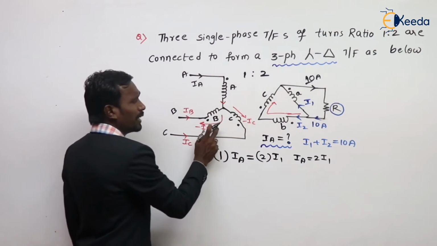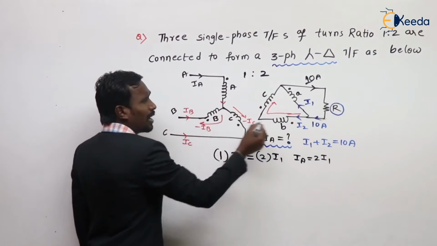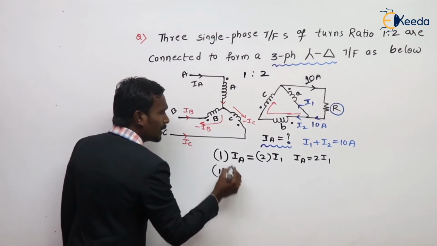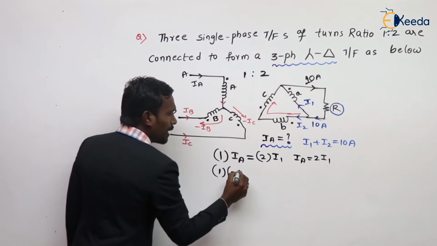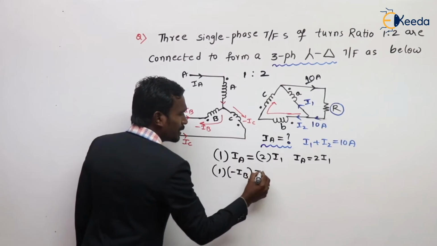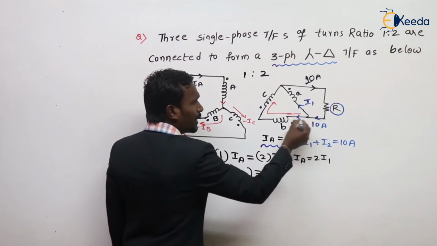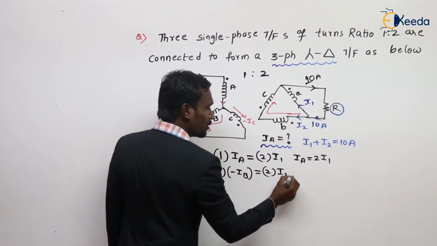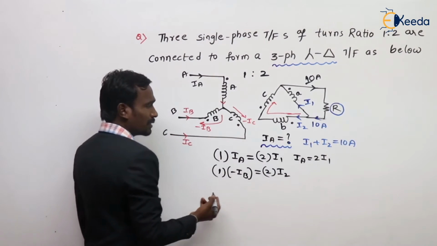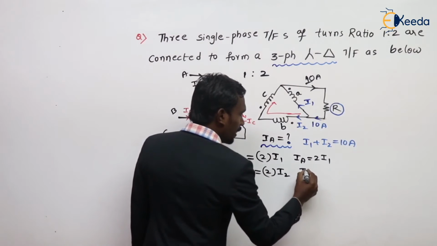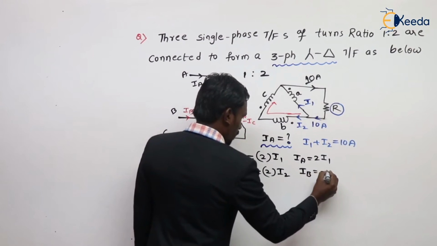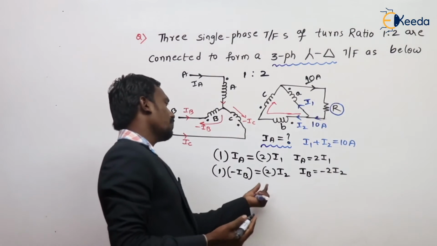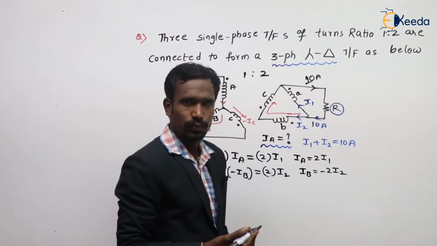And next in B, here current is leaving and here current is entering. So N1 is 1 and the current is minus IB. N1 I1 is equal to N2 I2. What is I2 here? I2 is I2 only, right? So from this IB is equal to minus 2I2, or minus IB is equal to 2I2.